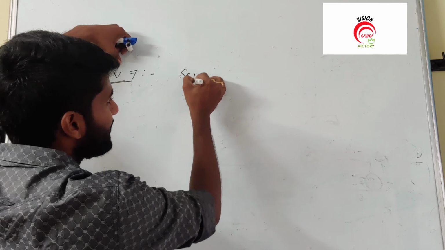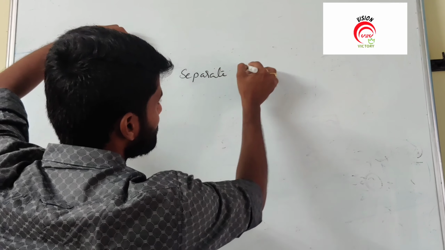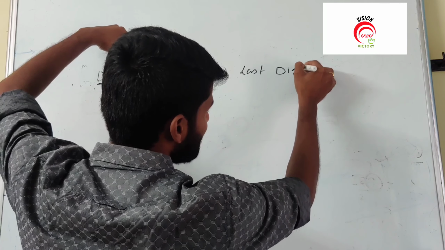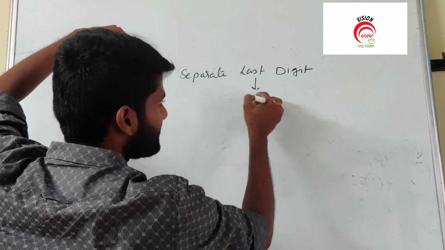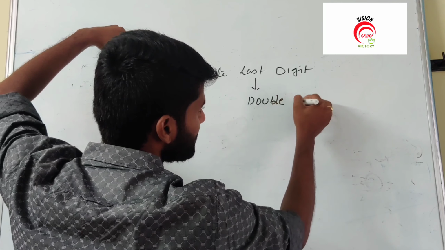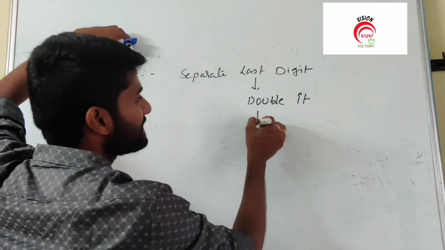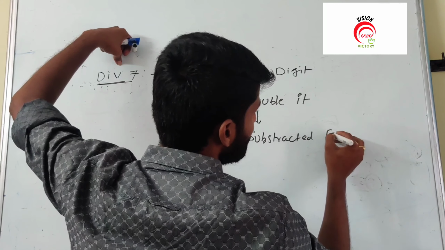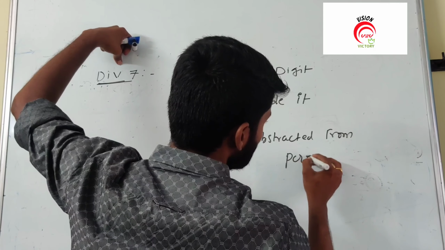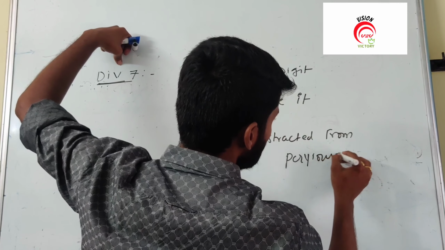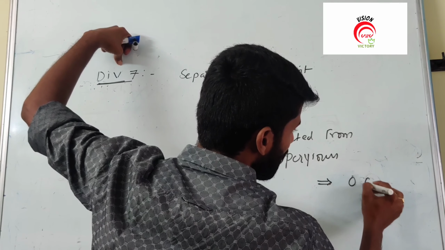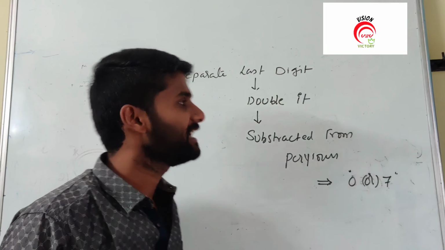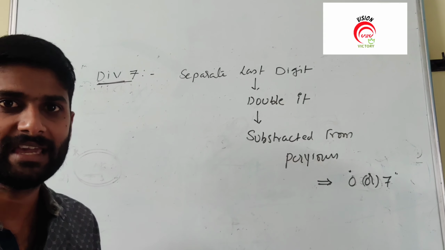First, separate the last digit and double that number, and subtract the double from the previous number. If the resultant after subtraction is 0 or 7, definitely that number is divisible by 7.